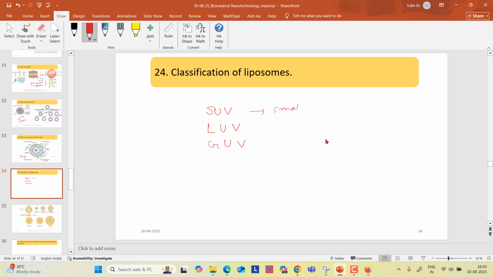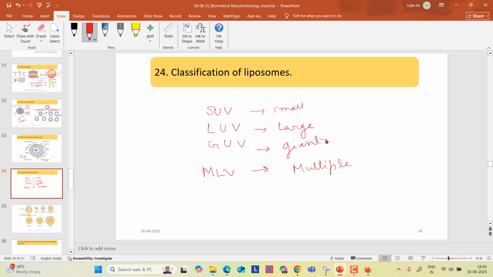This is small, large, this is giant. Now when multiple lamellar layers are together, this is called multilamellar vesicles, right? So this is multiple.